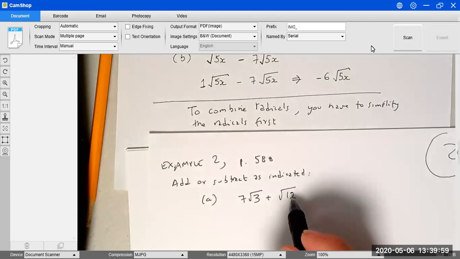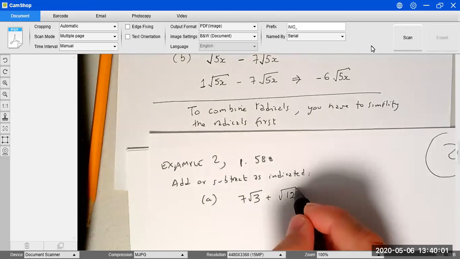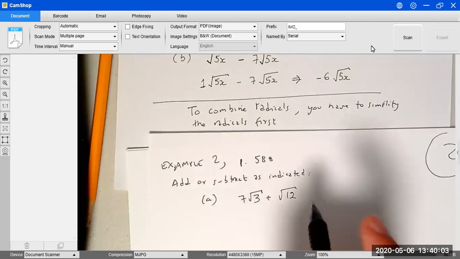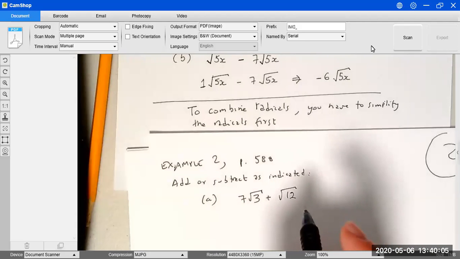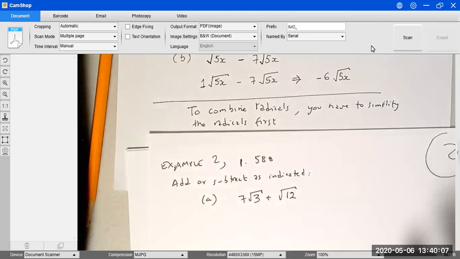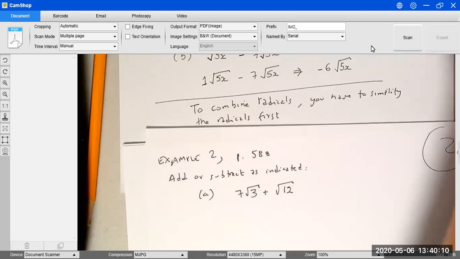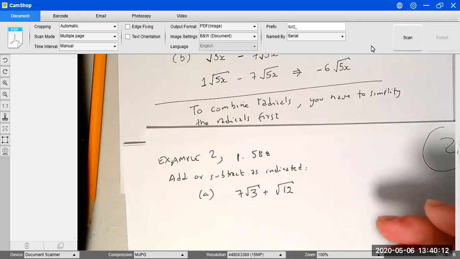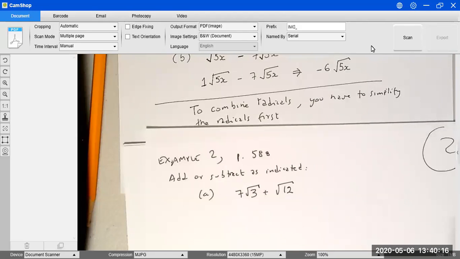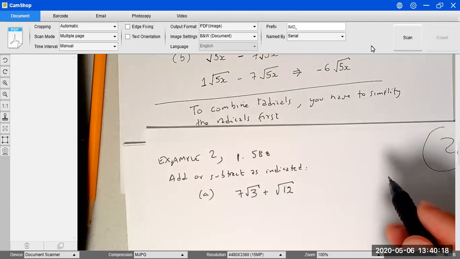So when we try to simplify, remember what we are doing is just looking for factors. One of those factors should be a perfect square, otherwise there is no reason to modify the radical.